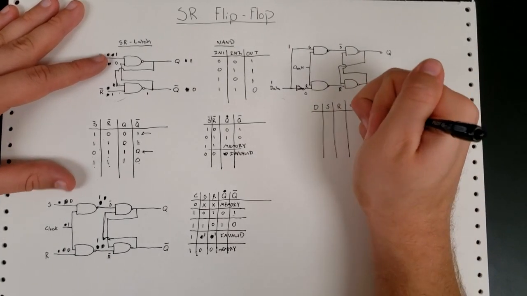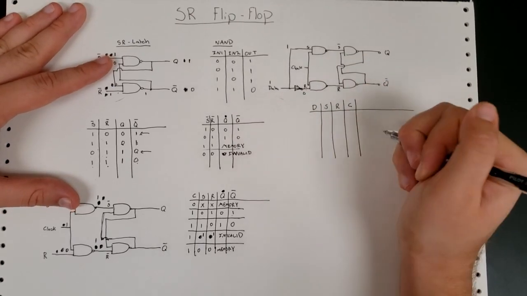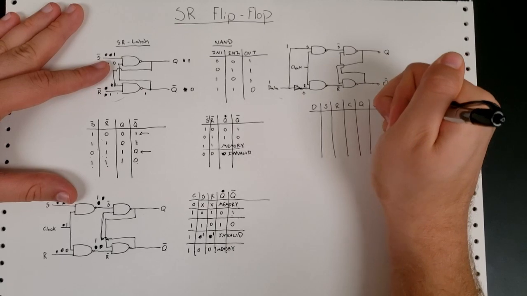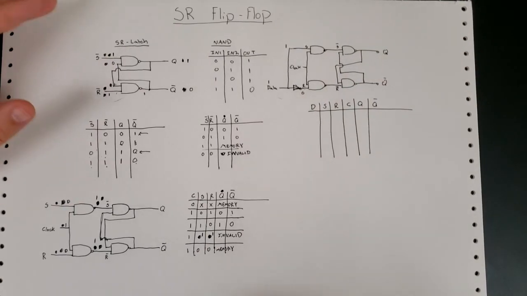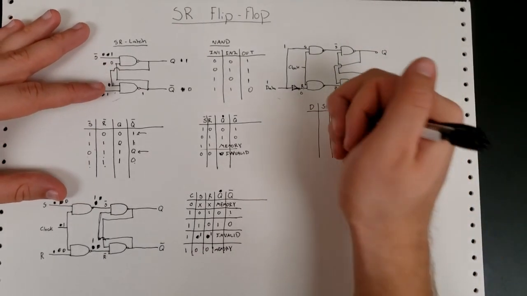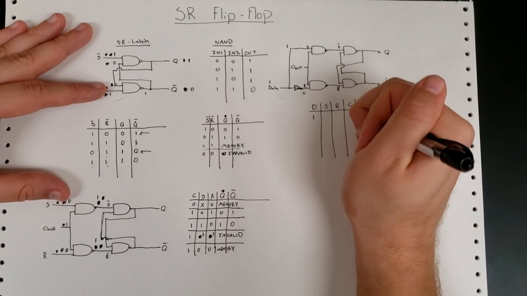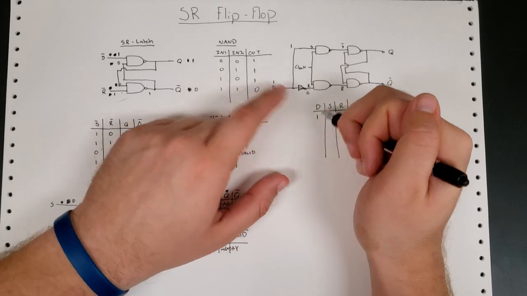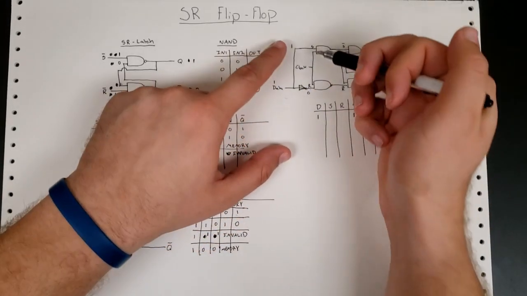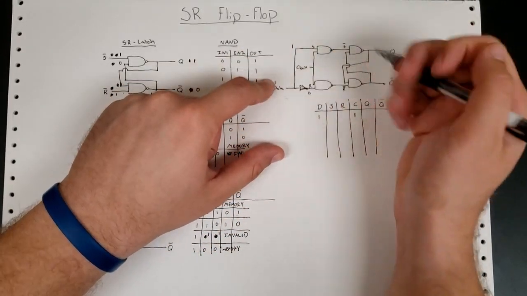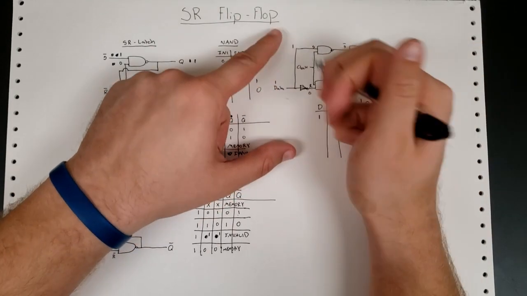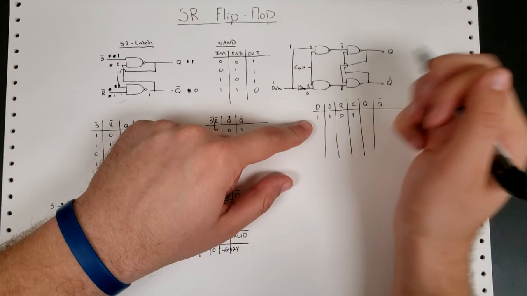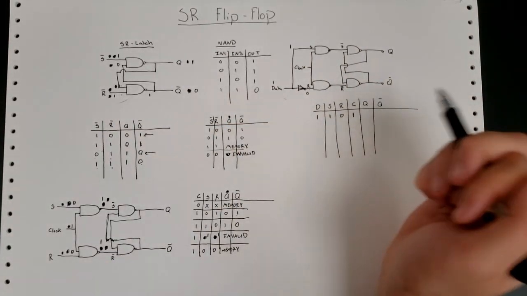We have our clock, and we have our outputs, Q and the complement of Q. Okay, so if we set data to 1 and we set our clock to 1, that means S is going to be whatever our data is, and then R is going to be the inverse of our data. So that's the same thing. So having a data set to 1 is the same thing as having an SR of 1, 0.